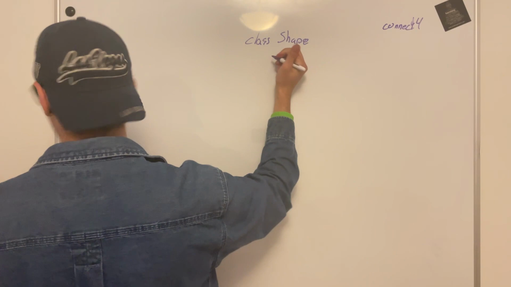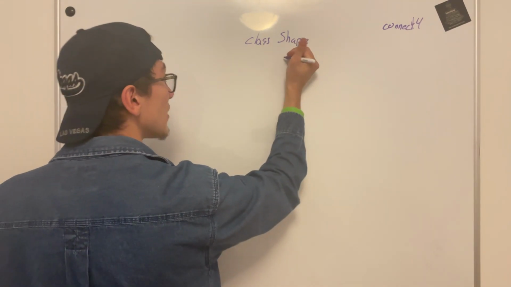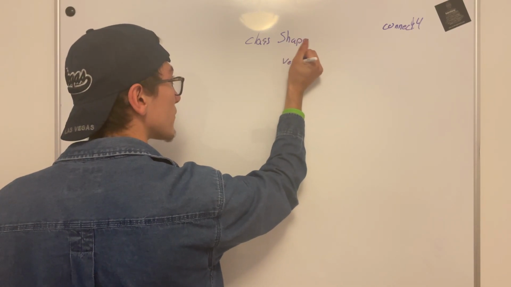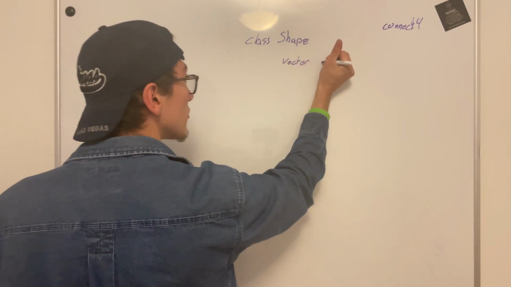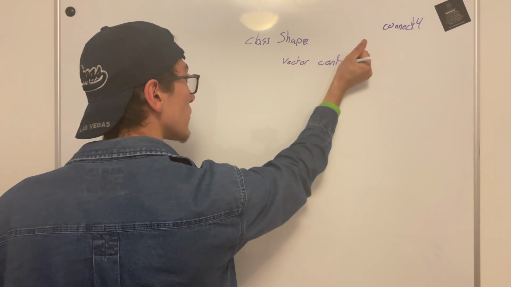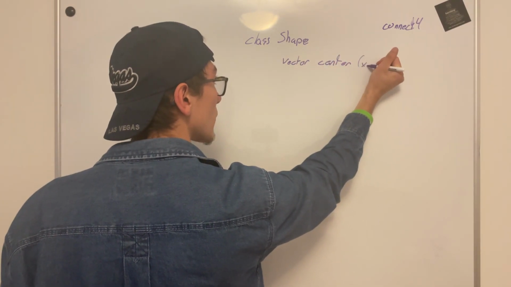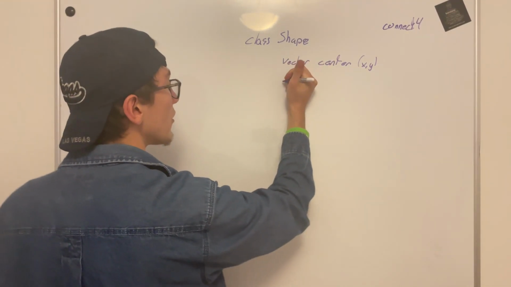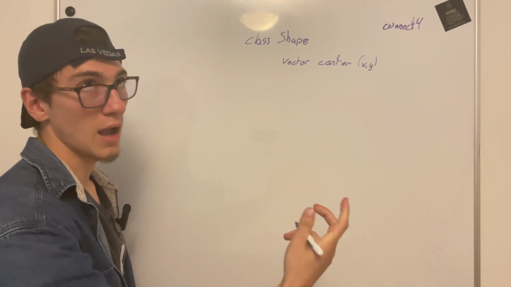Maybe the shape is going to have a center, so a vector for the center. And it'll have five.